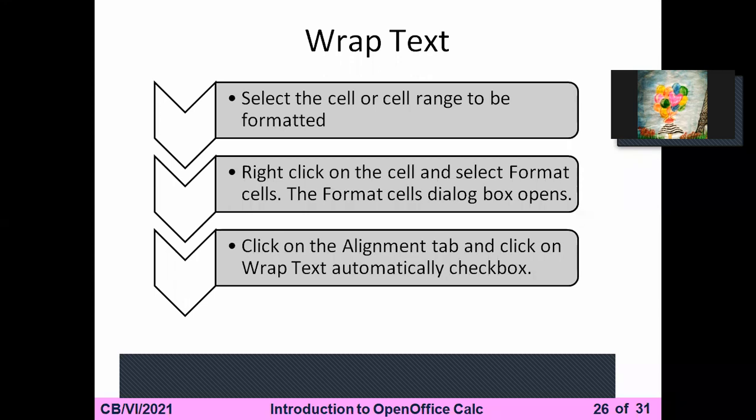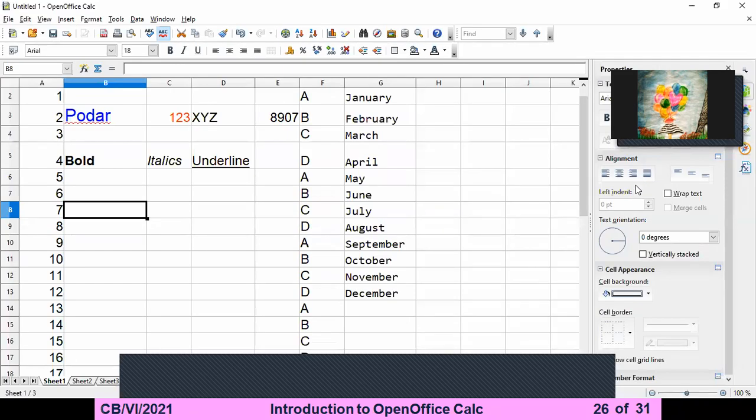For that, you use wrap text. That will come down. Whenever you press enter, it goes to the next cell. But whenever you choose wrap text, it comes downward. For example, I will show you the demo. I am writing here Podar International School, the whole thing, and keeping the same size.